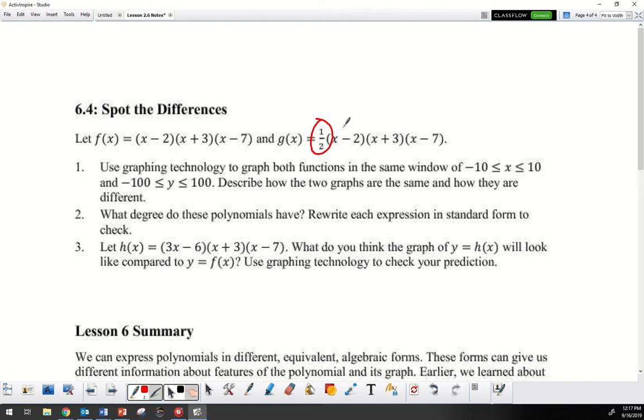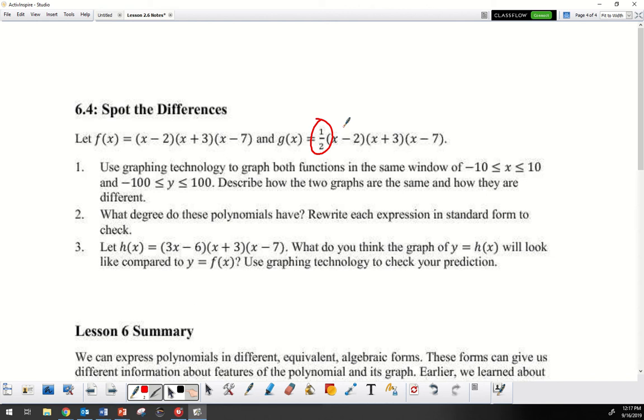So that 1/2 right there, what happens if I multiply something by half? It's divided by 2. Okay, so what is 1/2 times 10? 5. So half of 10, right?